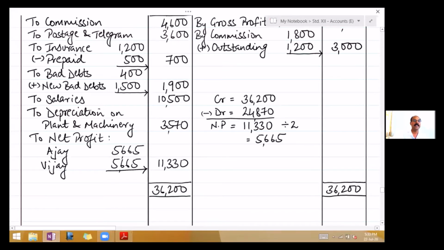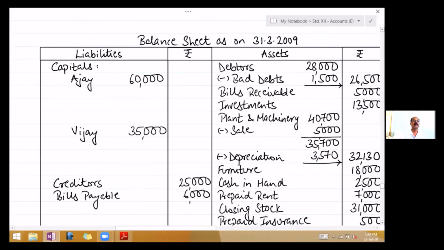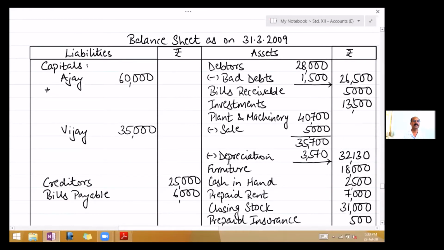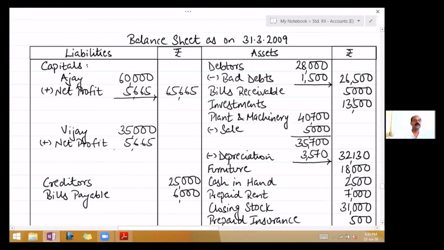So in the liability side of the balance sheet, net profit add to capital, Ajay plus net profit 5,665, and the total of his capital will become 65,665. Vijay also same, net profit add 5,665. Outer column 40,665.